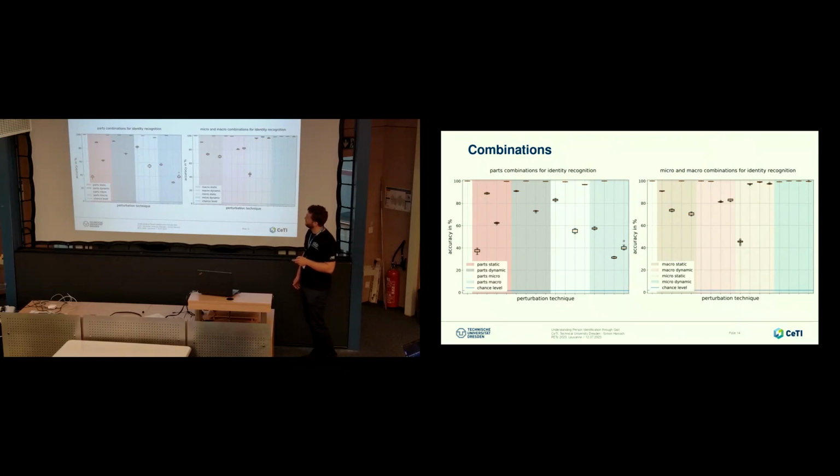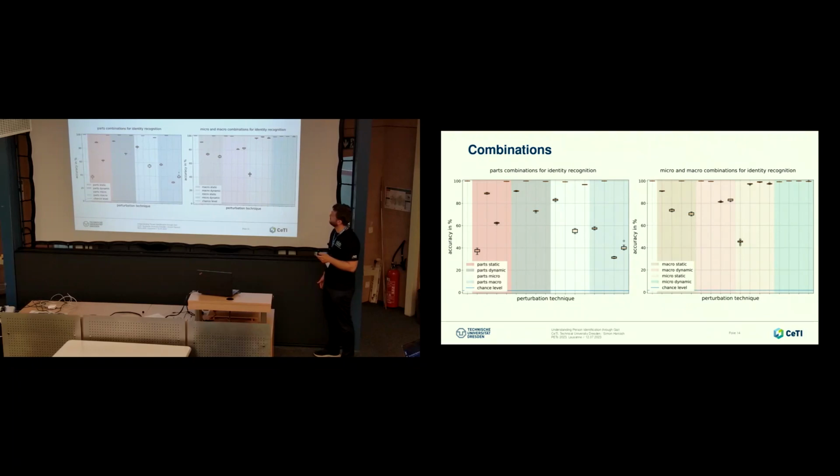Now, the individual techniques we used are in the paper, and I don't want to go into detail on them now. But what you can see is that even if we combine multiple techniques together, the identification rate is actually still quite high. So if we, for example, look here on the right, we see that if we combine micro and dynamic features, they still score 100%.